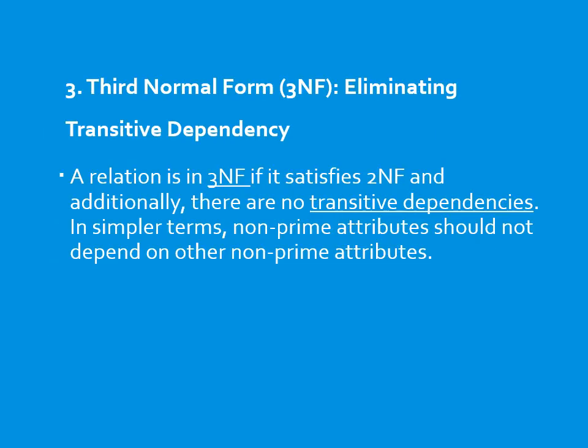The third normal form is about eliminating transitive dependency. A relation is in the third normal form if it satisfies the second normal form and additionally has no transitive dependencies. In simple terms, non-prime attributes should not depend on other non-prime attributes.